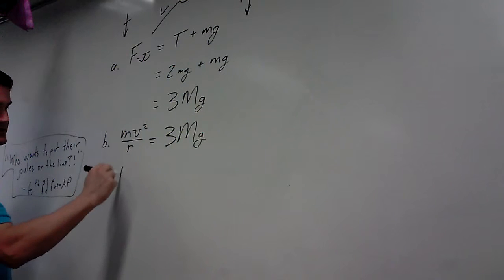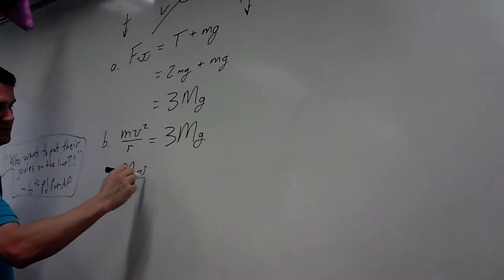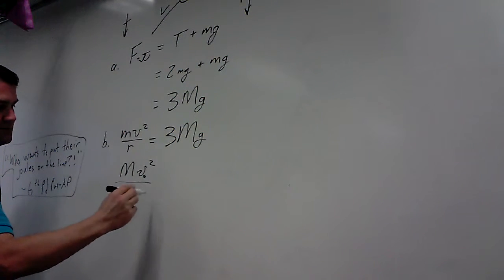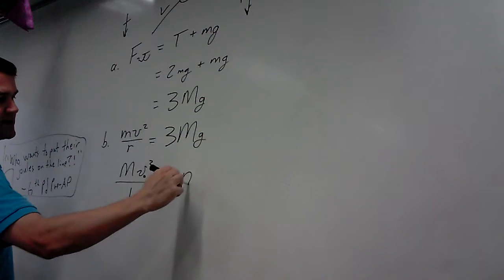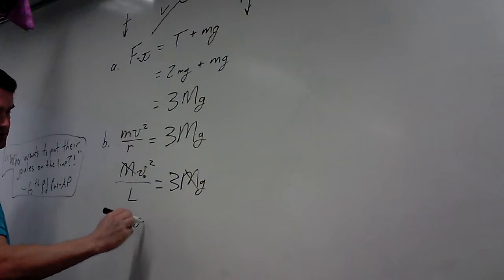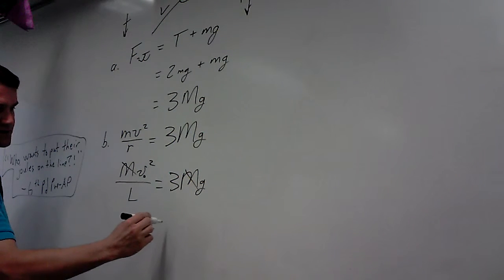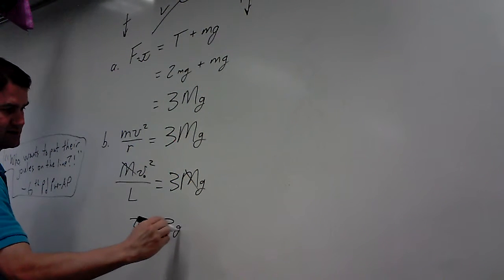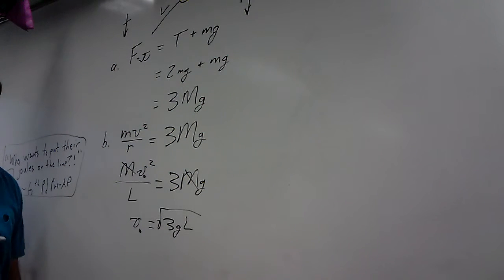So that's big M. V naught squared over big L equals 3 big M G. The M's cancel. So V naught equals the square root of 3 GL. This all makes total sense. So far so good?